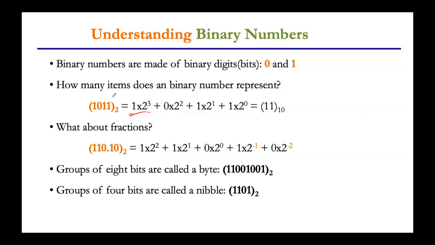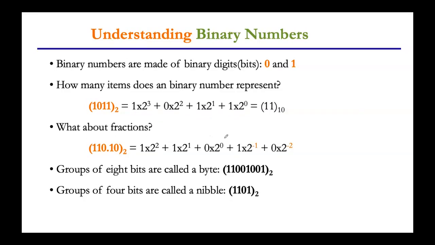Again, the digits 0, 1, 2, 3 are there. Every digit is multiplied with base 2 to the power of its position in the binary form, which gives the number of items that depends upon the number of digits in the binary number.